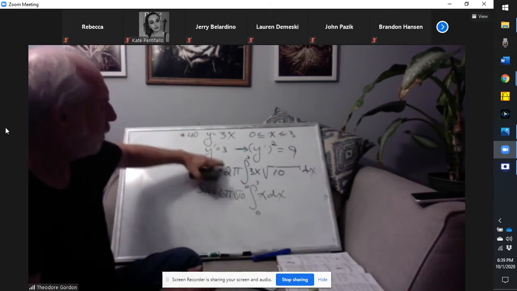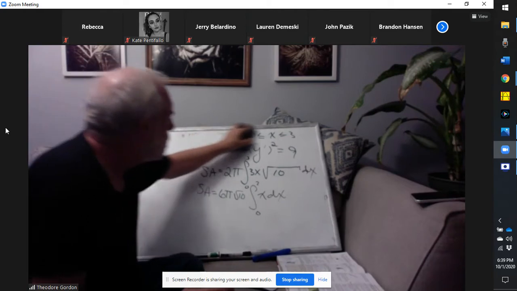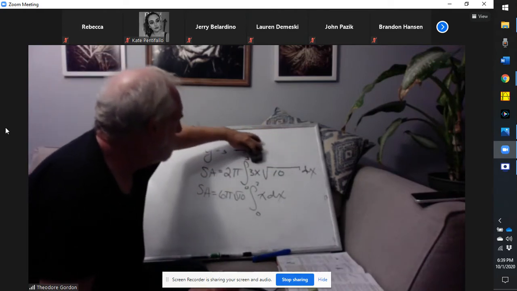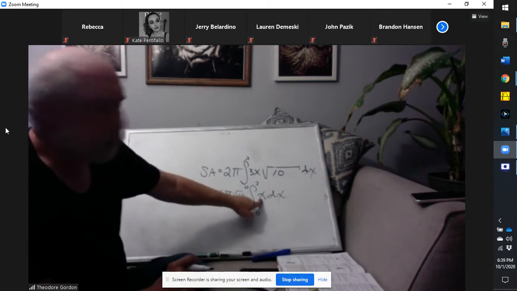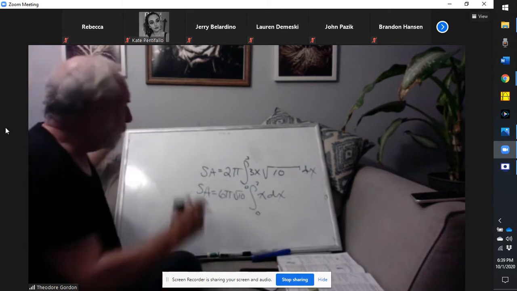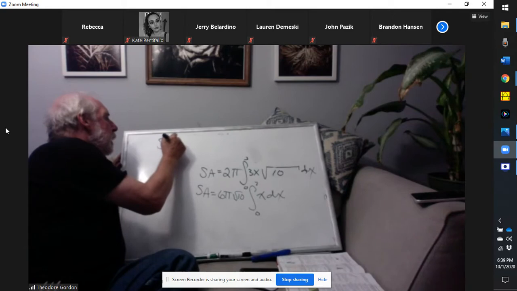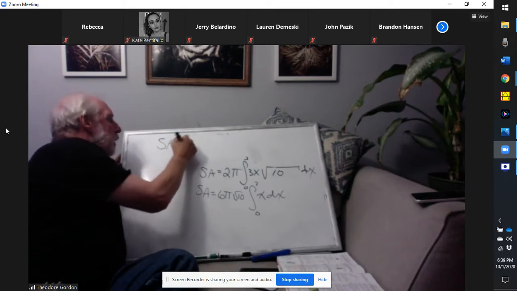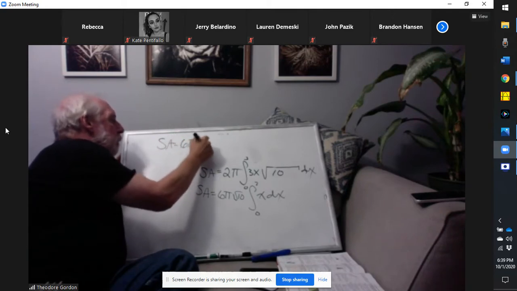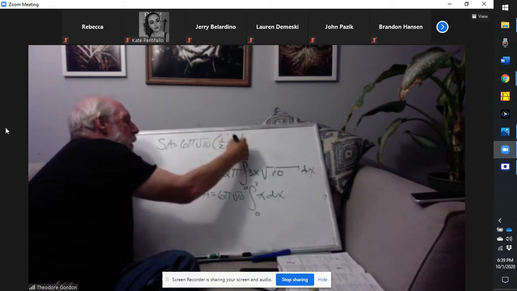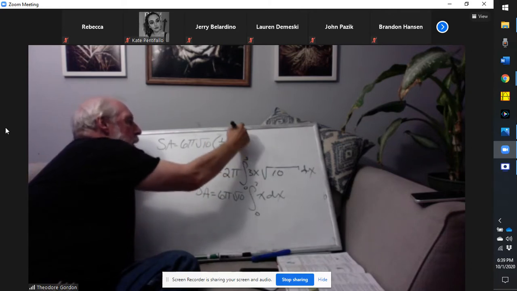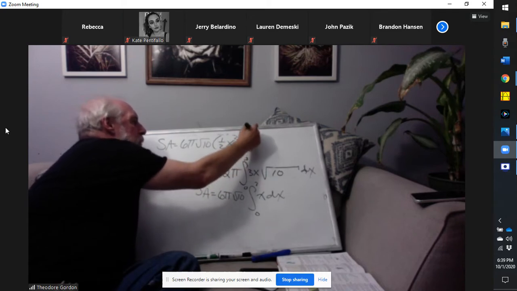I'm going to erase this stuff so I have some more room. All right, so the integral of x is 1/2 x squared. So our surface area becomes 6 times pi times the square root of 10, and then 1/2 x squared, and we are going from 0 to 3.